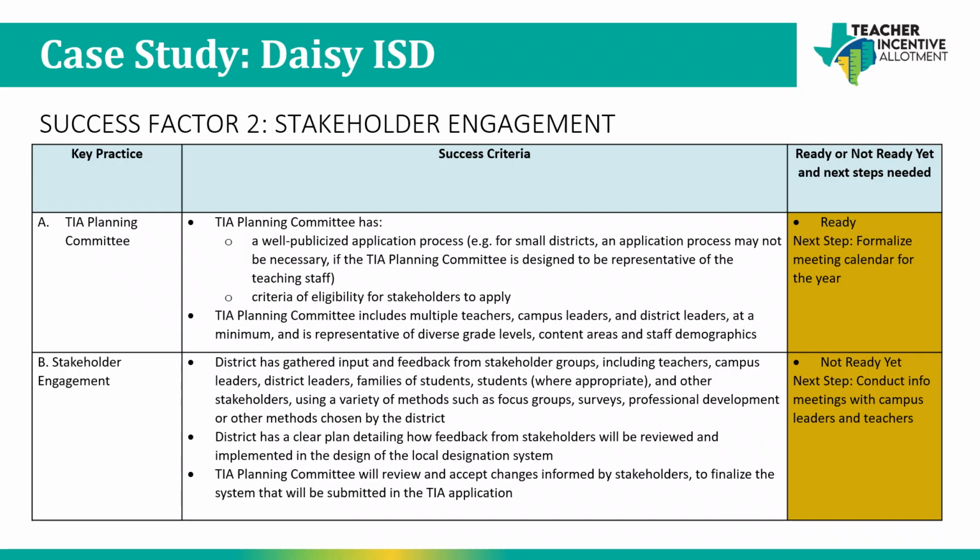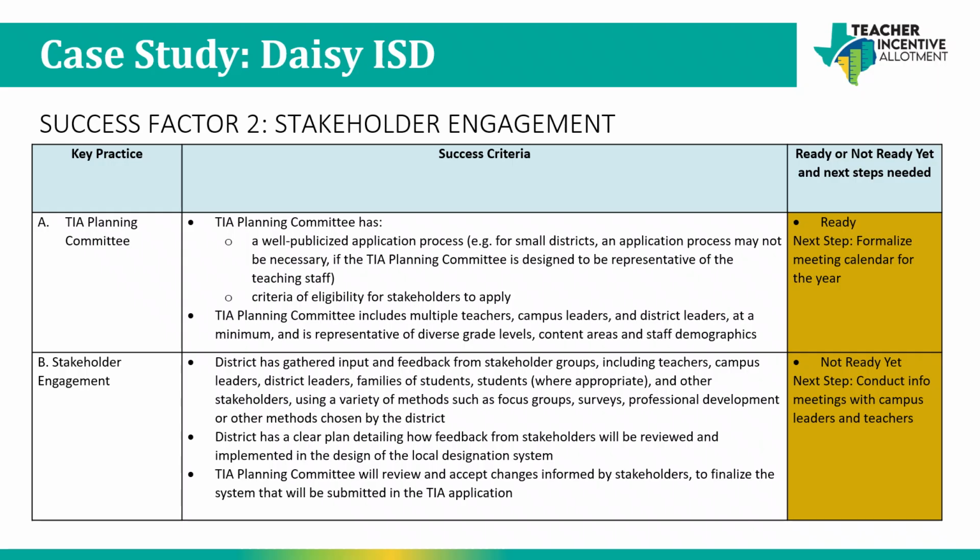It has campus leaders and it has district leaders. And actually in this example, Daisy ISD included their superintendent on the TIA planning committee as well. So they're ready. Their next step, however, is to formalize their meeting calendar. They have not yet set their meeting calendar, and they know that what gets scheduled gets done. So they really want to make sure their next step is to formalize their meeting calendar.